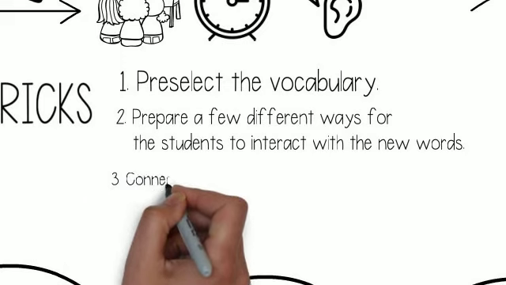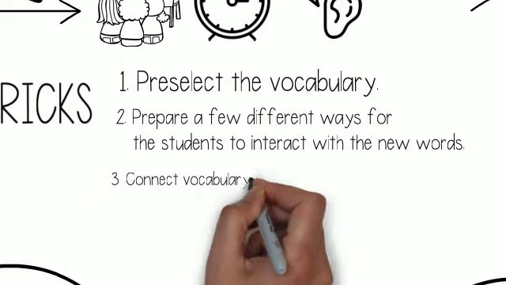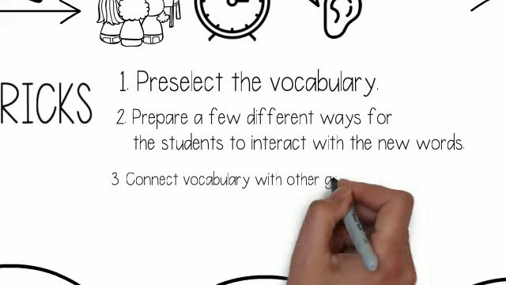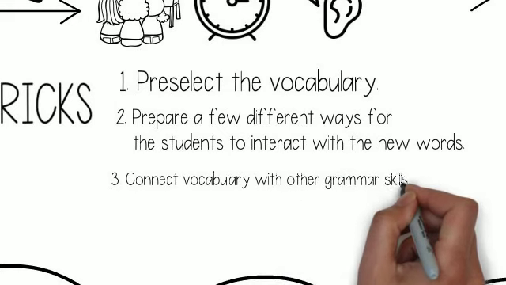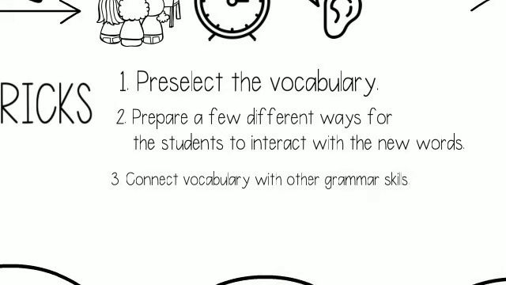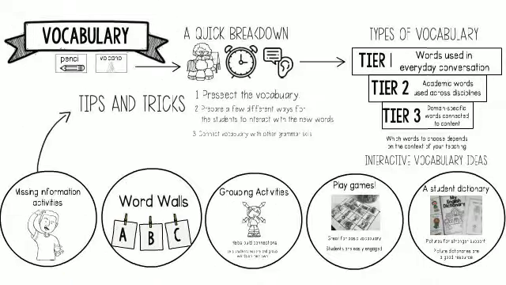Number 3, think about how you can touch on other grammar and comprehension skills through vocabulary, such as multiple meaning words, prefixes, suffixes, and context clues. Remember that vocabulary is much deeper than memorization, but an opportunity to help students investigate language and develop skills in doing so.